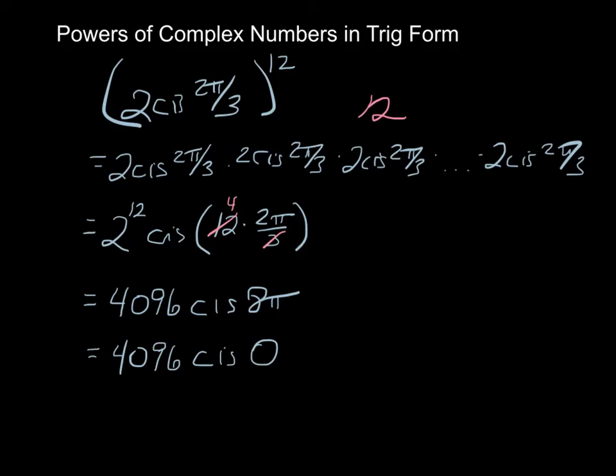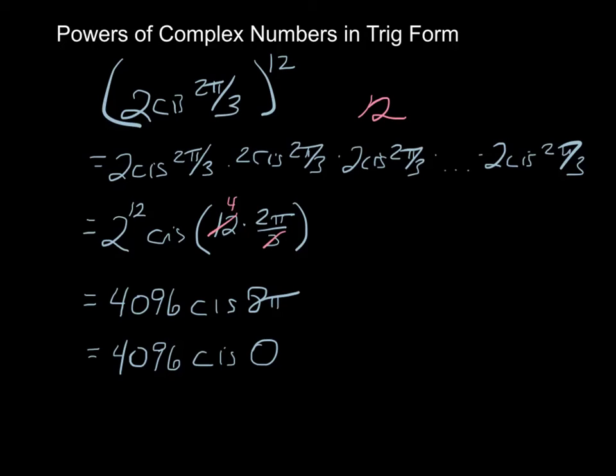So we raised one complex number in trig form to the 12th and ended up with this complex number. And the way we did that was we took the radius, raised it to the exponent. Here we had 2 to the 12th. And then we multiplied the angle by the exponent. So we had 12 times 2 pi over 3. And that's how you find powers of complex numbers.